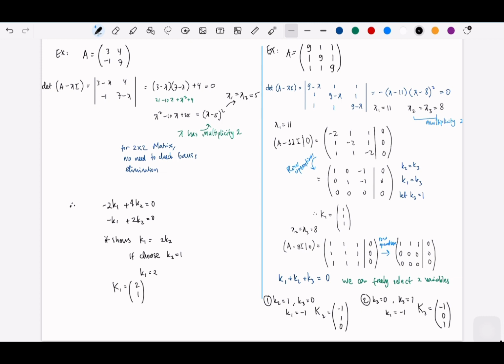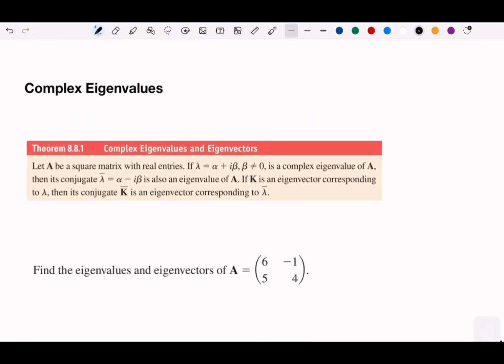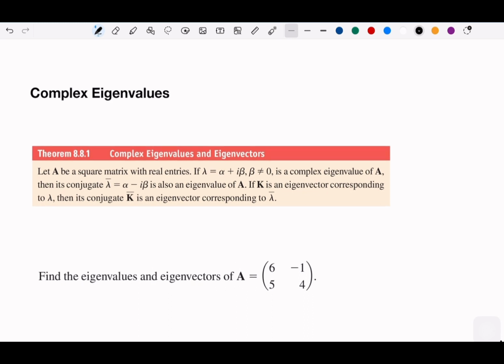Okay, let's move to the next one, where I introduce the complex eigenvalue. The eigenvalue can be complex, alpha plus i beta, and we are going to see that the conjugate of that complex, alpha minus i beta, is also an eigenvalue.